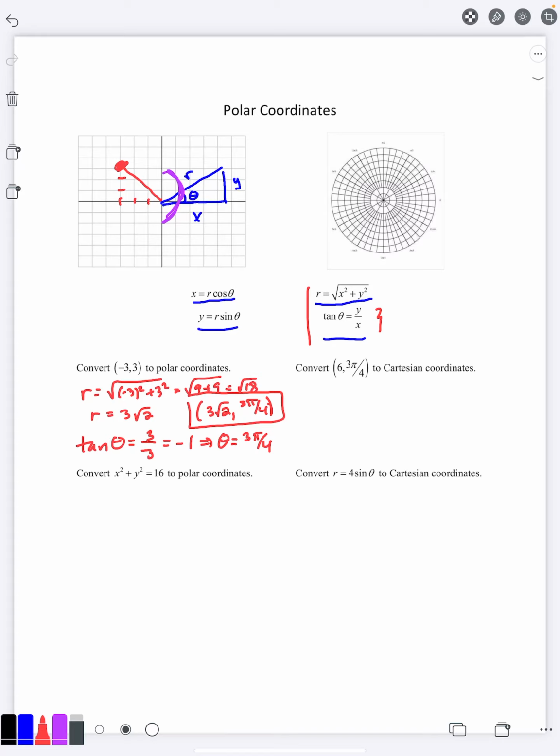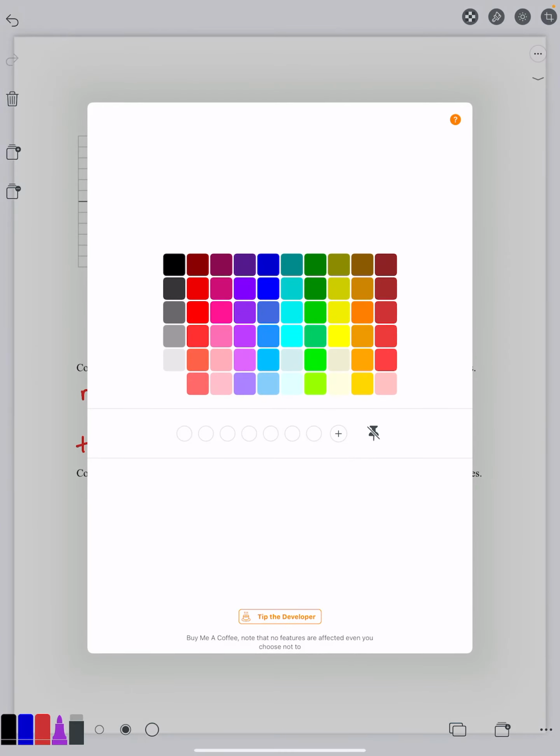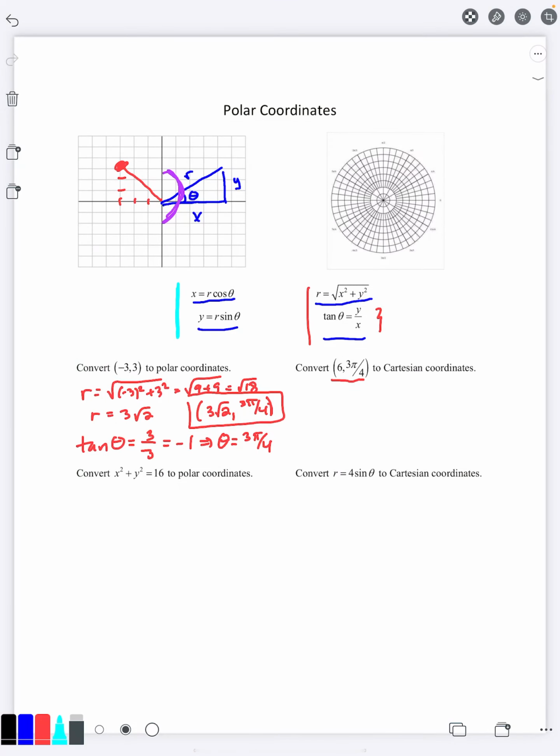Now to go the other direction, here we have a point that's currently written in polar coordinates, and we're going to convert it to Cartesian. For this one, we're going to use the formulas x is r cosine, y is r sine. It's maybe a little bit easier here. And then you have to know your values of your trig functions.